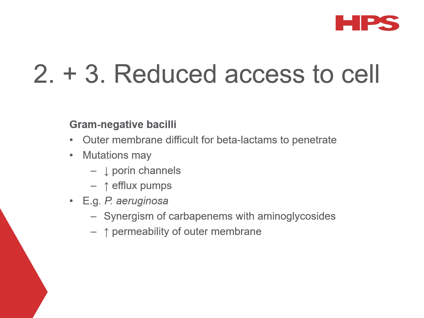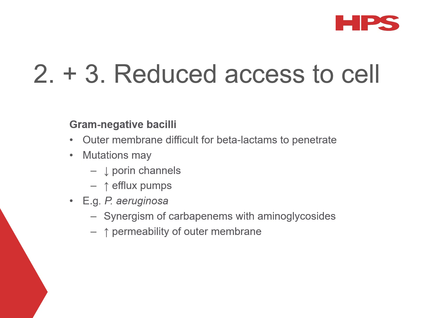Another option is that a mutation could result in an increased amount of active efflux pumps. So that would remove the antibiotic once it does enter the cell. And mutations could actually result in both of those options, so reduced porin channels and increased efflux pumps. So these combined can lead to carbapenem resistance.